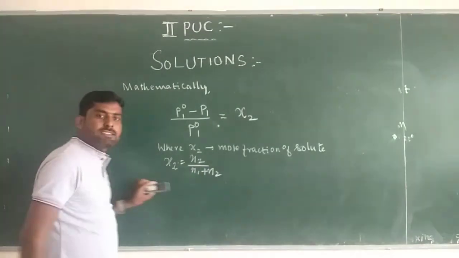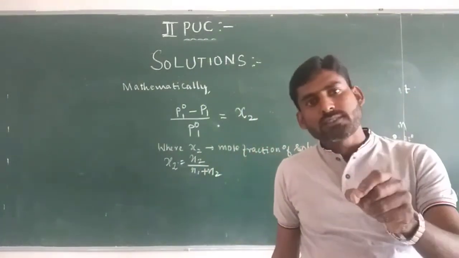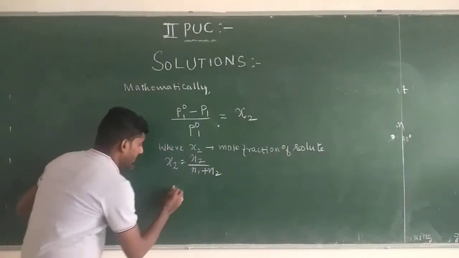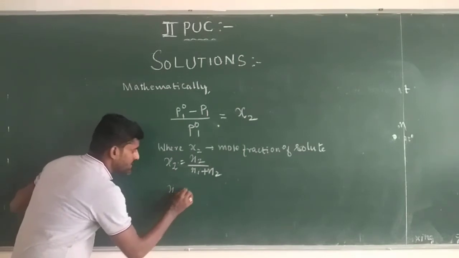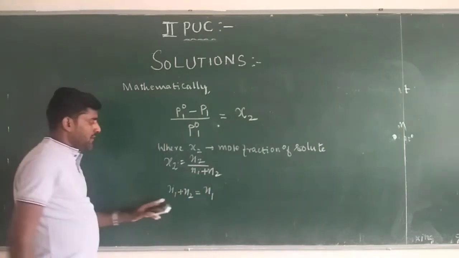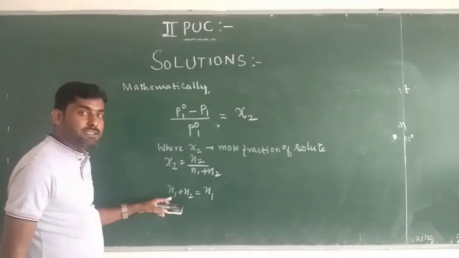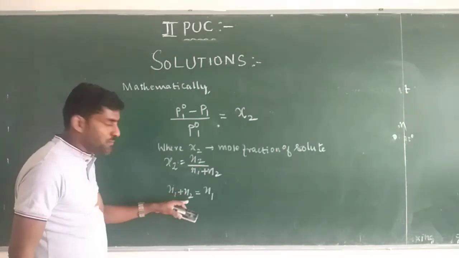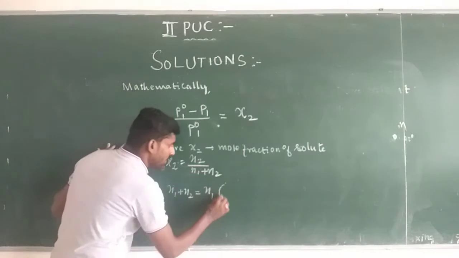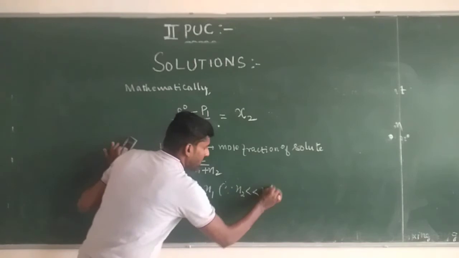But in the solution, if we compare the number of moles of solute with the number of moles of solvent, the number of moles of solute is very small. So N1 plus N2 is approximately equal to N1, because the number of moles of solvent is large and the number of moles of solute is very small, that is N2 is much less than N1.